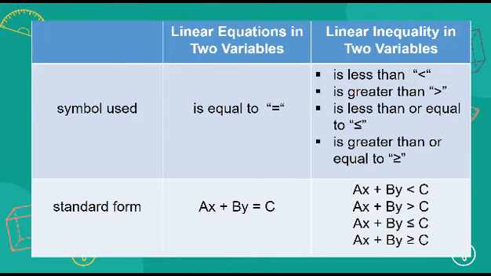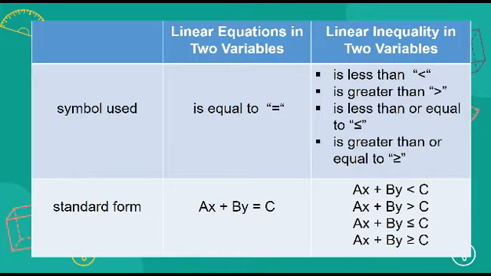The given table shows how we can differentiate linear equations in two variables and linear inequalities in two variables. For the symbol used for linear equations in two variables, we use the is-equal-to symbol. For linear inequalities in two variables, we use is less than, is greater than, is less than or equal to, is greater than or equal to symbols.